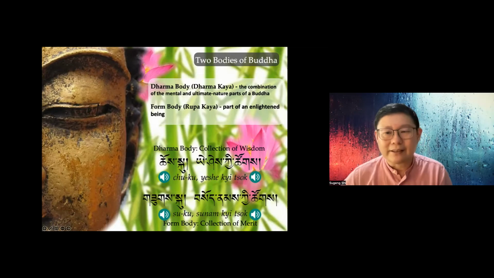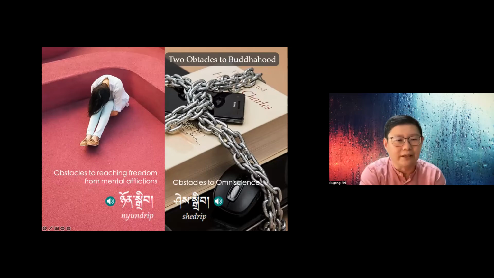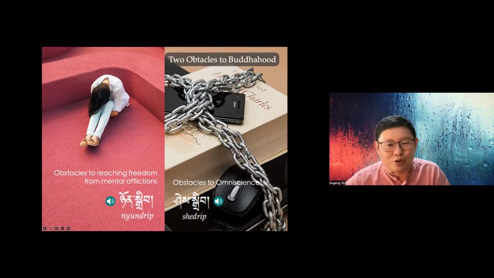Okay. All right, now, in order to become a Buddha, there are two obstacles that we need to get rid of. The first one is obstacles to the mental afflictions, or most commonly we call it the negative emotion. And the second one is obstacles to omniscience.